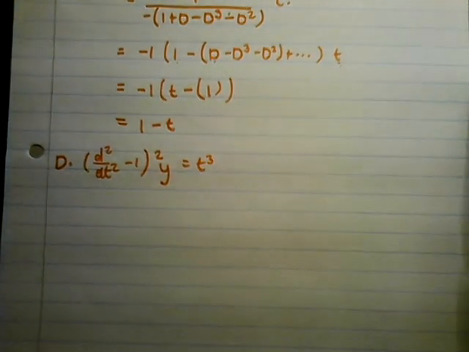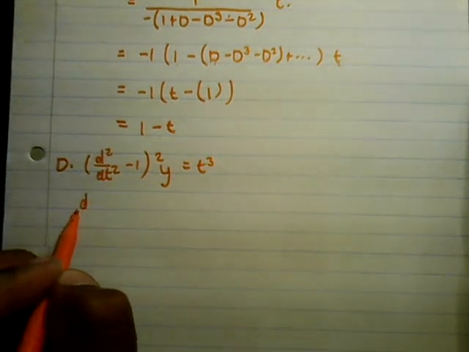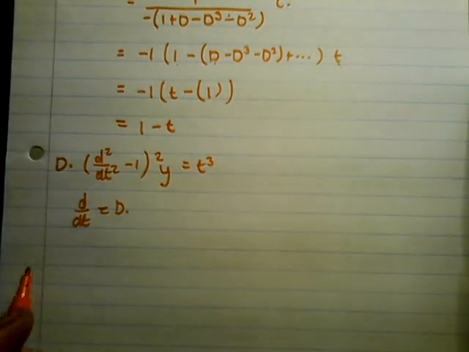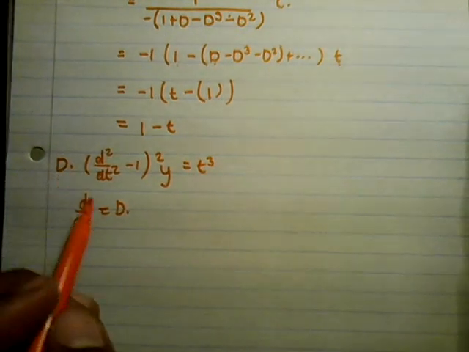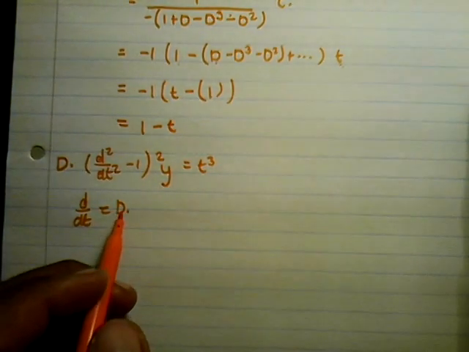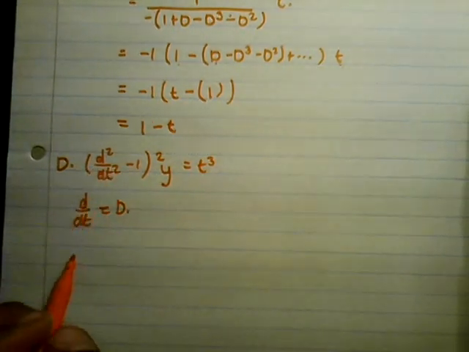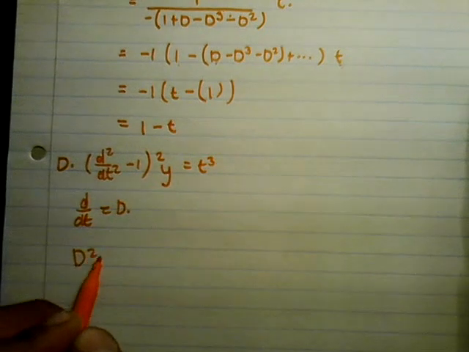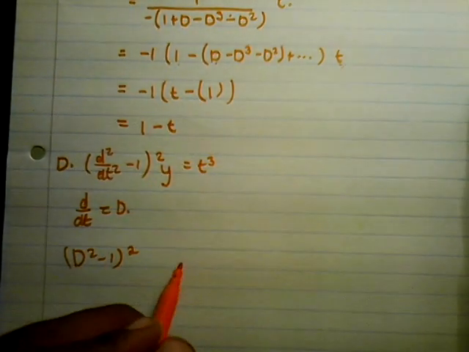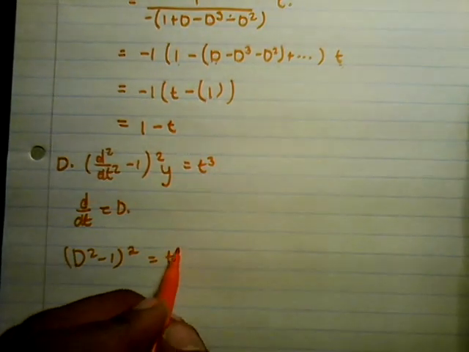Remember we said d over dt is equal to D, but not this D, for differential operator. Now you're going to write this as D squared minus 1, all squared, is equal to t cubed.